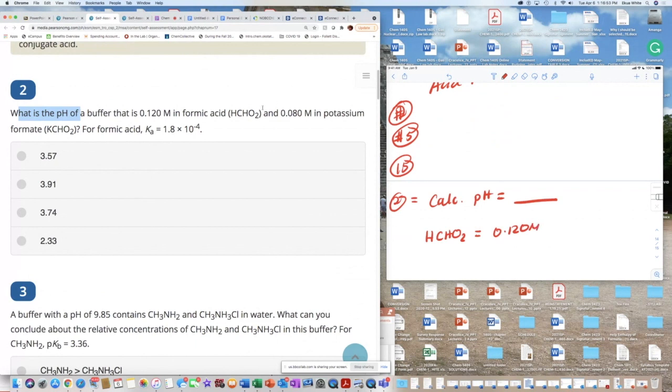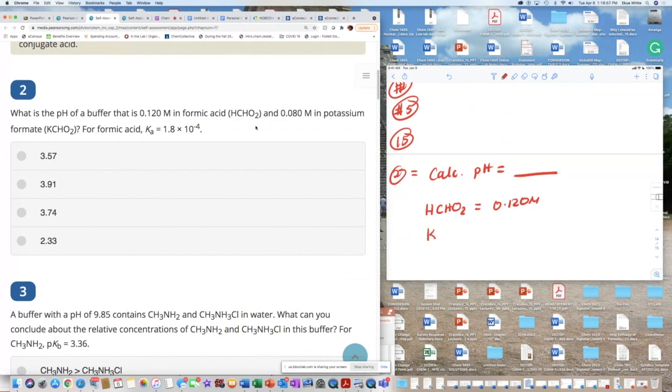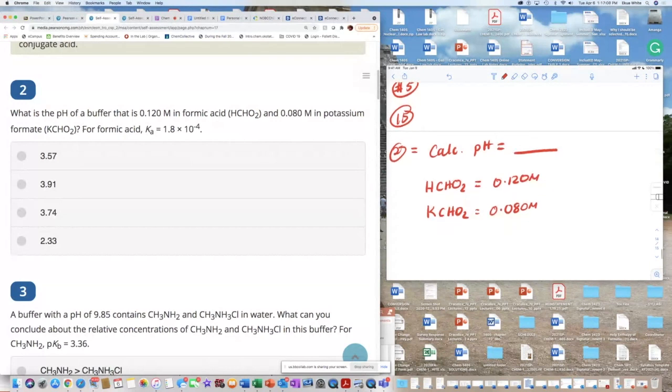And we're given potassium formate, KCHO2, at 0.080 molar. And then formic acid Ka, 1.8 times 10 to the negative 4. Negative 4 may or may not work for the 5% rule. I'm already thinking 5% rule.